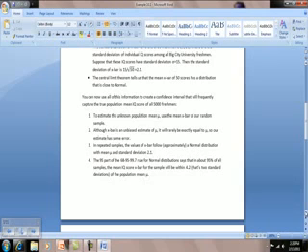The 95 part of that rule says that in about 95% of all samples, the mean IQ score, which is the x bar for that sample, will be within two standard deviations. In this problem, that's going to be 2.1 times 2. So therefore, we are within 4.2 values of the population mean, which is mu.